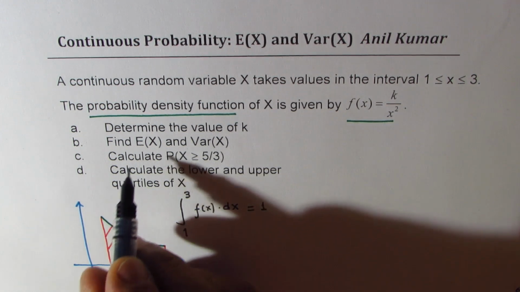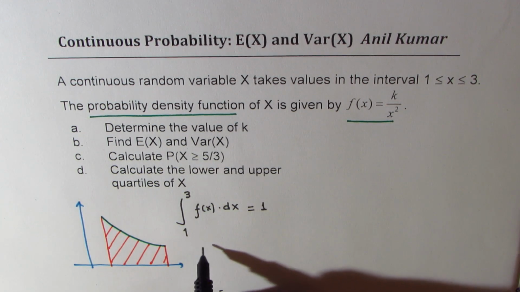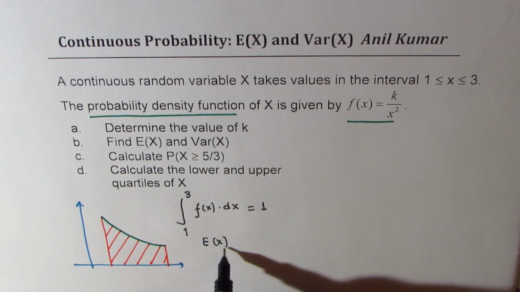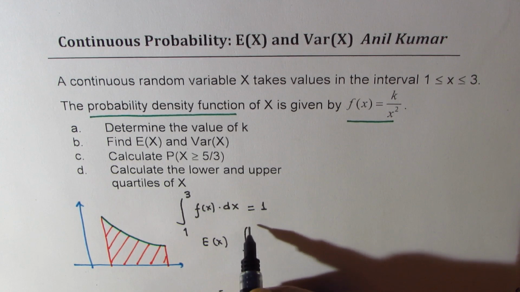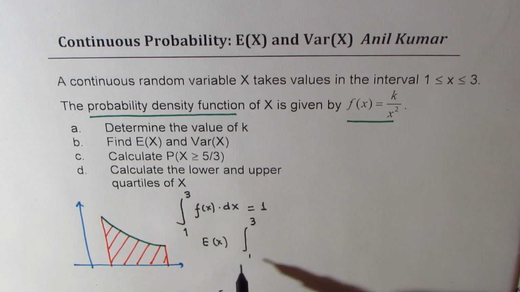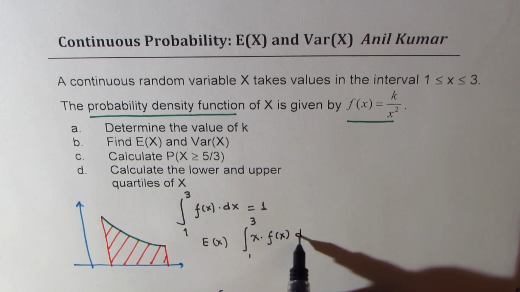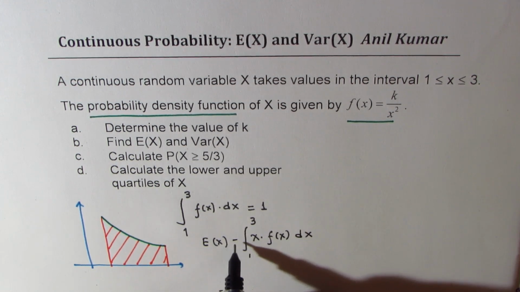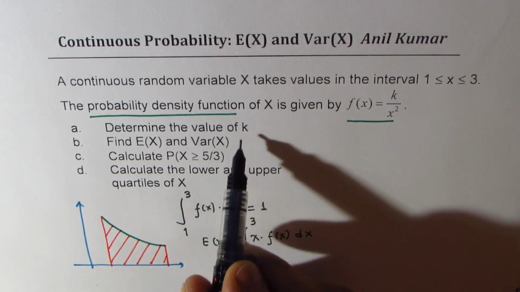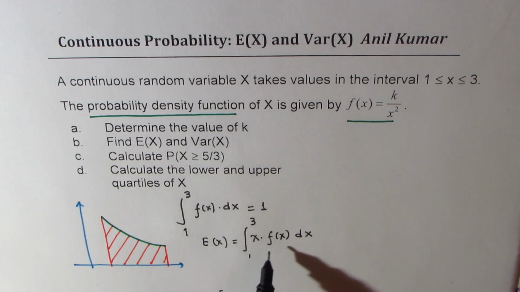The expectation E of x can be calculated by finding the integral 1 to 3 x times f of x dx. Since we know the value of k from part A, we know completely the function, so we can find expectation.